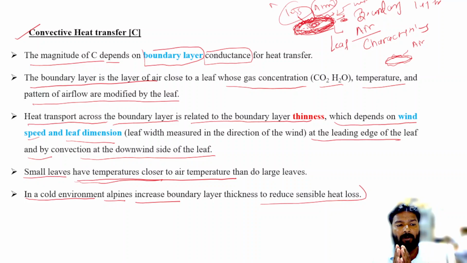So friends, this is about the energy balance, that there are mainly 5 components: short wave, long waves, evaporative energy loss, convective heat transfer and metabolic heat transfer. So how these 5 components regulate the transfer of heat and energy balance in the plant. So this is about the topic. I hope you understand, and thank you very much.